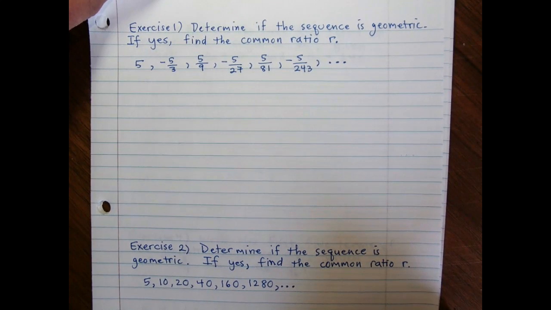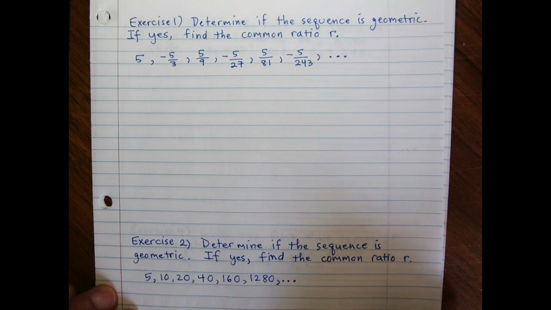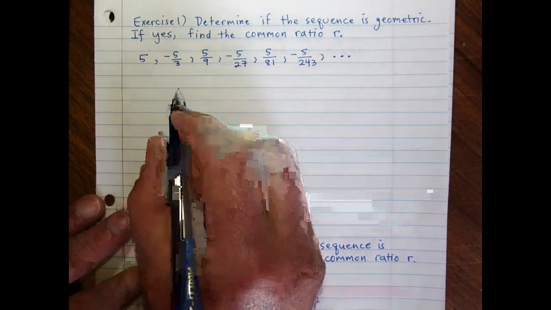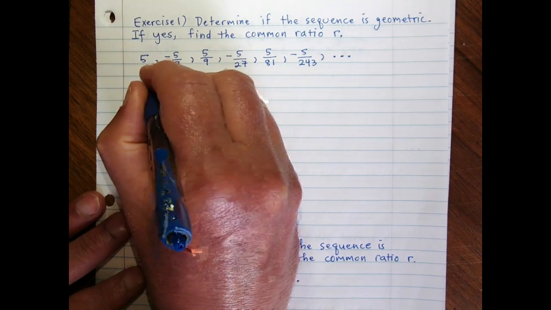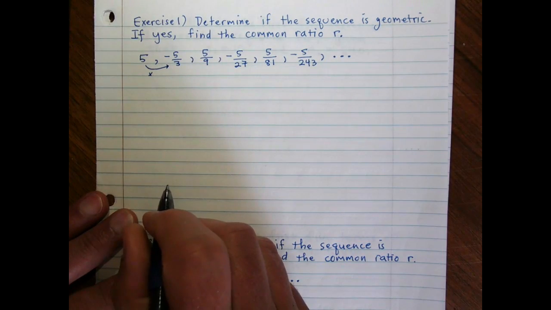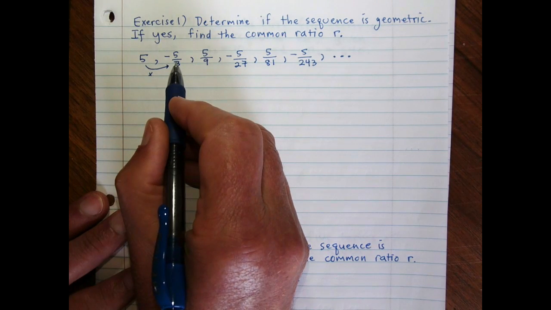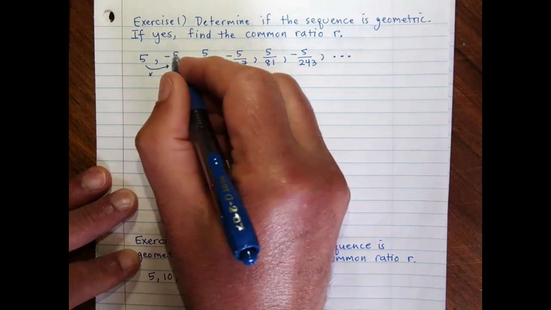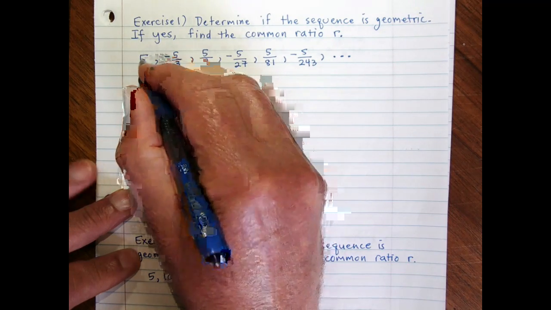So let's determine in number 1 if the sequence is geometric. If yes, find a common ratio r for the sequence. So in a geometric sequence, we get from one term to the next by multiplying by the same number over and over again. And if we're saying 5 times what is negative 5/3, I can figure out what that is by taking negative 5/3 and dividing by the term before, dividing by 5.